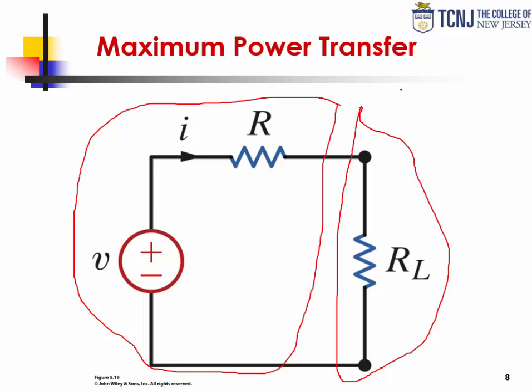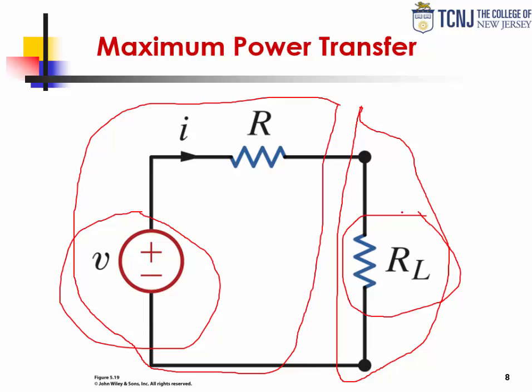The question is, what is the relationship between the internal resistance of this part of the circuit and the load resistor so that I transfer the maximum power from the voltage source to the load resistor? I want to extract as much power from that source into the load so I have the most efficient connection possible.